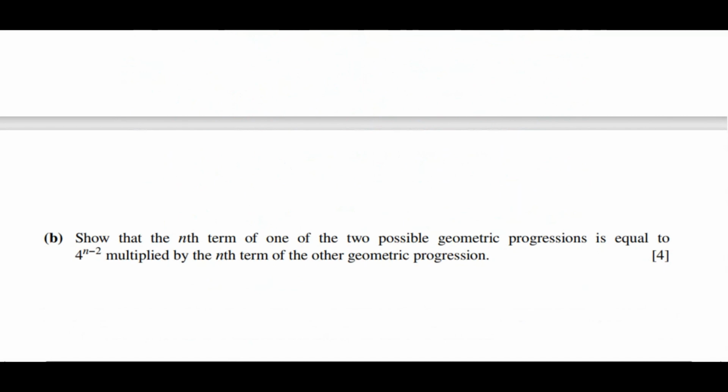The next part of the question is, show that the nth term of one of the two possible geometric progressions is equal to 4 power n minus 2 multiplied by the nth term of the other geometric progression. So for the two possible values of A, we will get two nth terms. So we need to equate both.